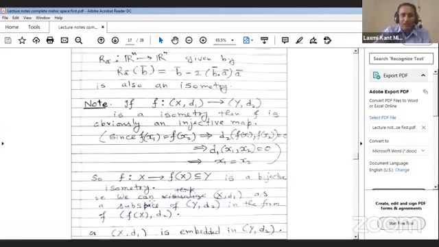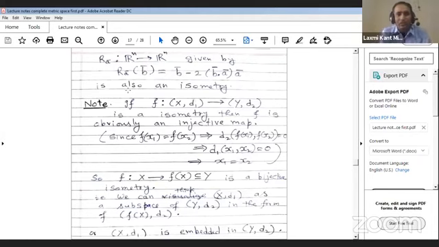We can think of X as a subspace of Y in the form of its image, or we can also say that X is embedded in Y. So every property possessed by X is also possessed by f(X).